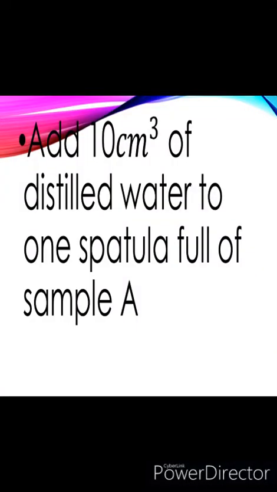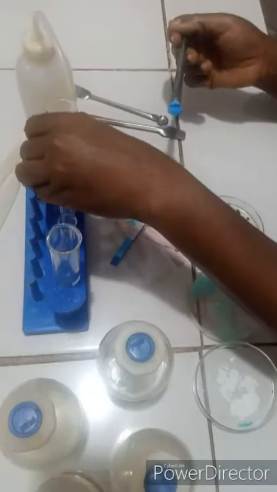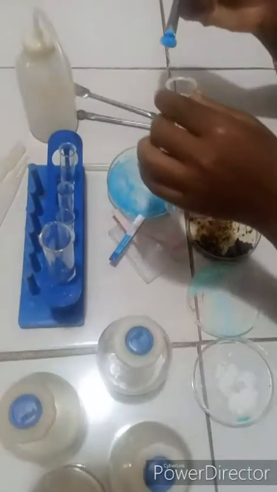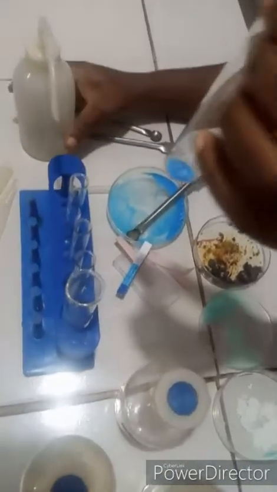Remember, we don't know the cation, but we presume that copper 2 plus is here. You pick 1 spatula full and add it to your boiling tube or your test tube. You can use either of the two, depending on the instruction. I'm adding a spatula full of the salt into the boiling tube.